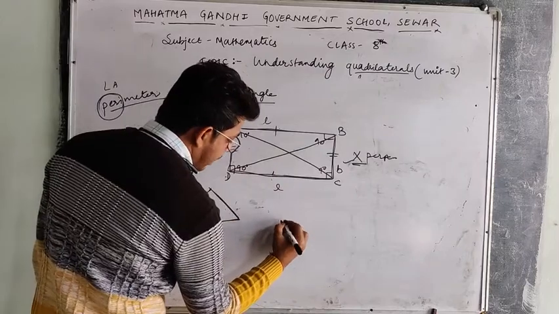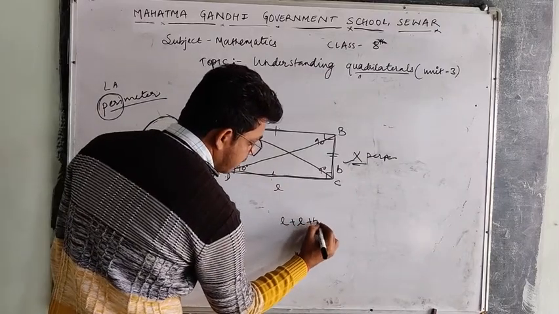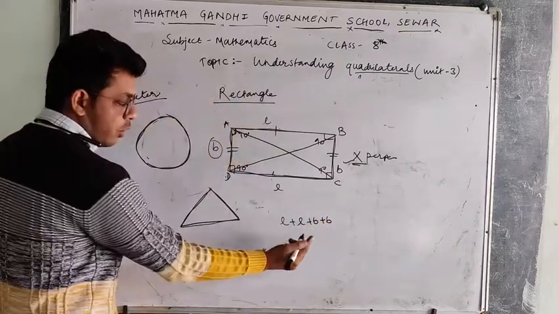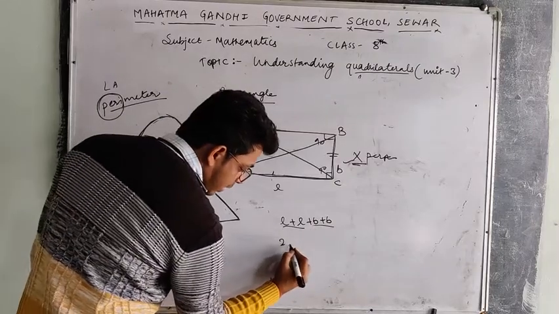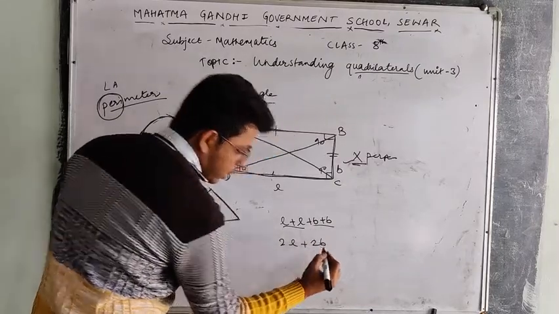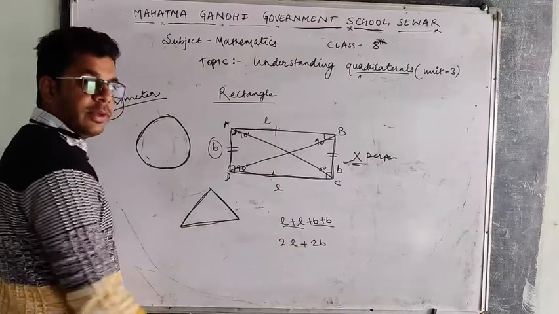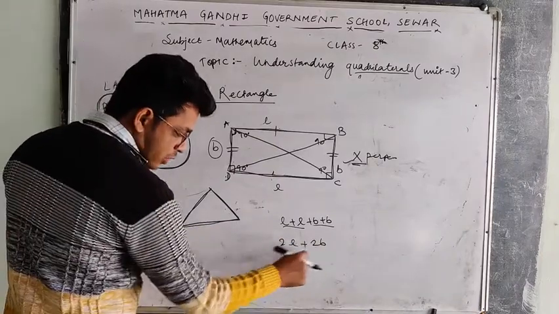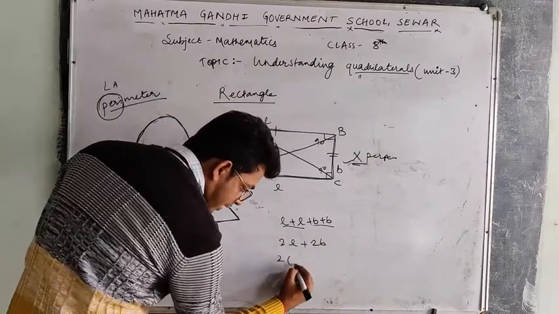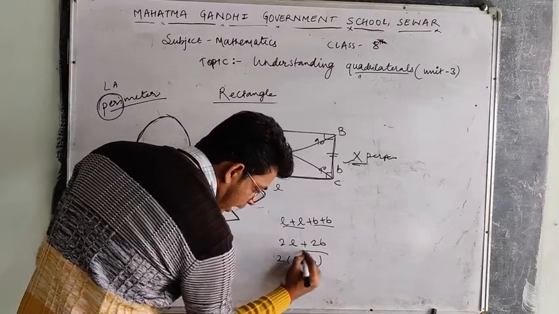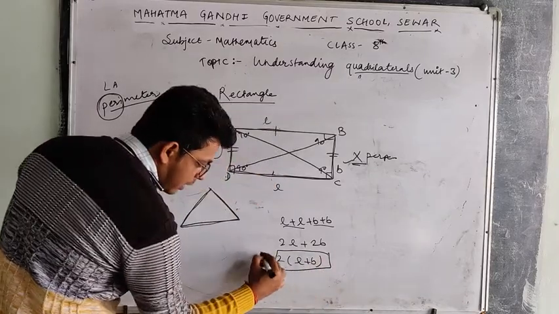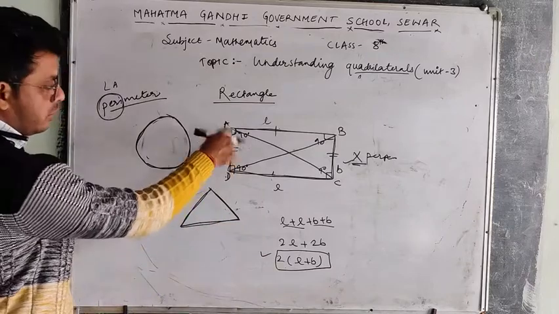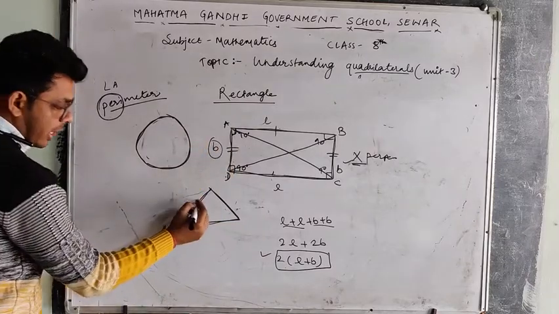L plus B plus L plus B becomes 2L plus 2B. What is common between the two? 2 is common, so we take it out: 2 times (L plus B) will become the perimeter of this rectangle.